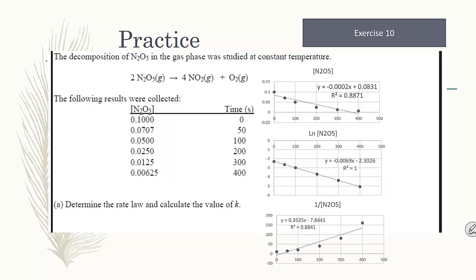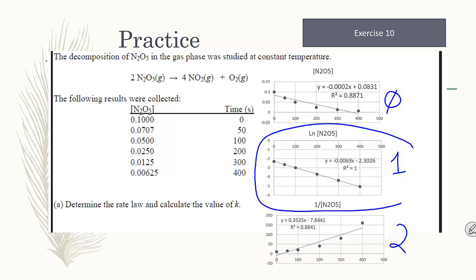In our data, we have our different options. Concentration versus time is zero order, natural log versus time is first order, and the reciprocal versus time is second order. In order to determine which one is correct, we look for the R value that's closest to 1.